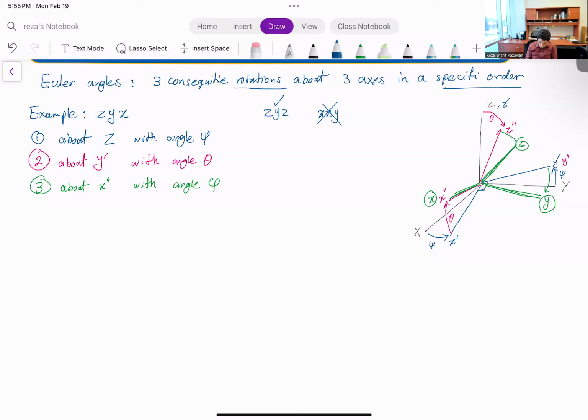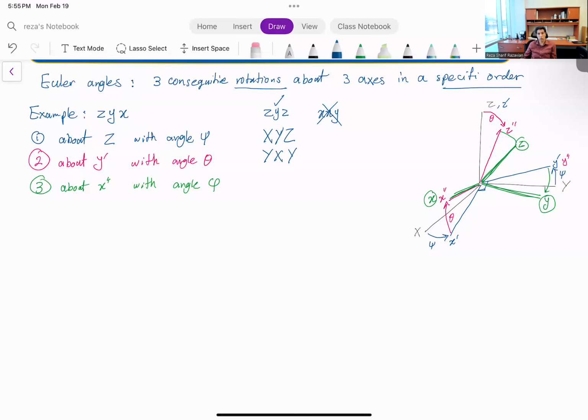You can also do three rotations, instead of every time about a newly formed frame, always relative to a fixed frame. So big X, Y, Z. You can do X, Y, Z, or Y, X, and you can repeat as well.